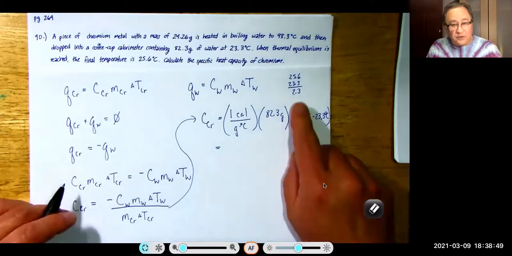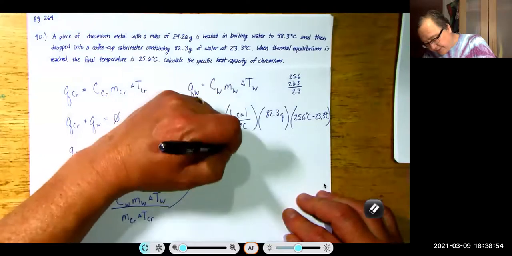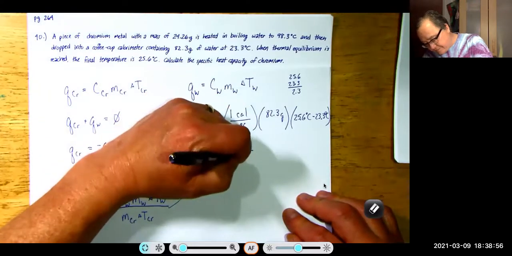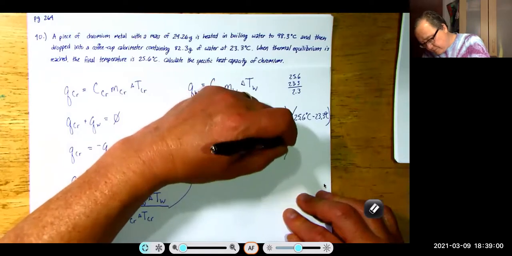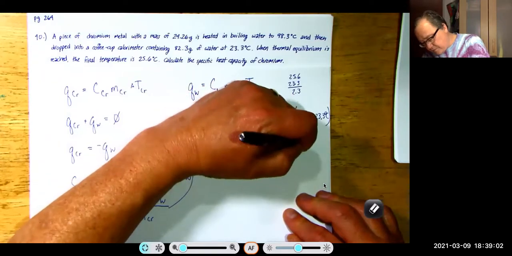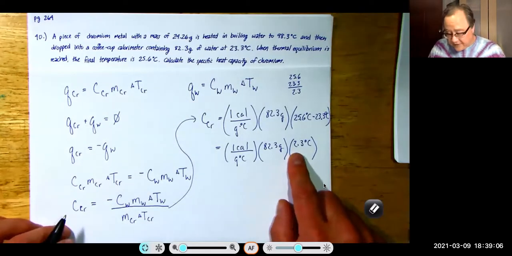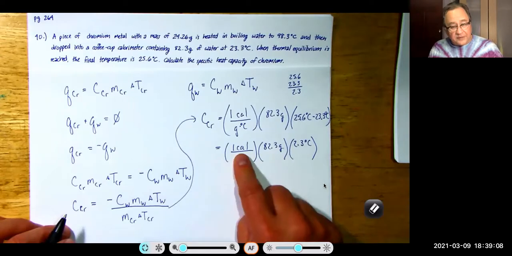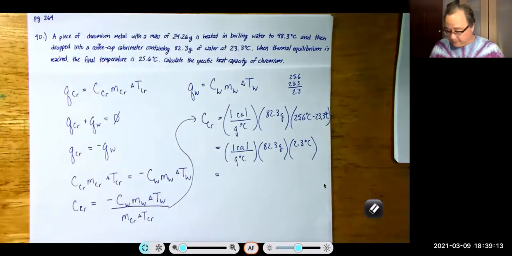So that means the 2.3 is only good to the 10th. So I'm actually going to write this out here so you can see that. Two sig figs here, 3 sig figs here, infinite here. We get 2 sig figs at the end, but we're not done, so we're not going to round yet. We're going to keep track.